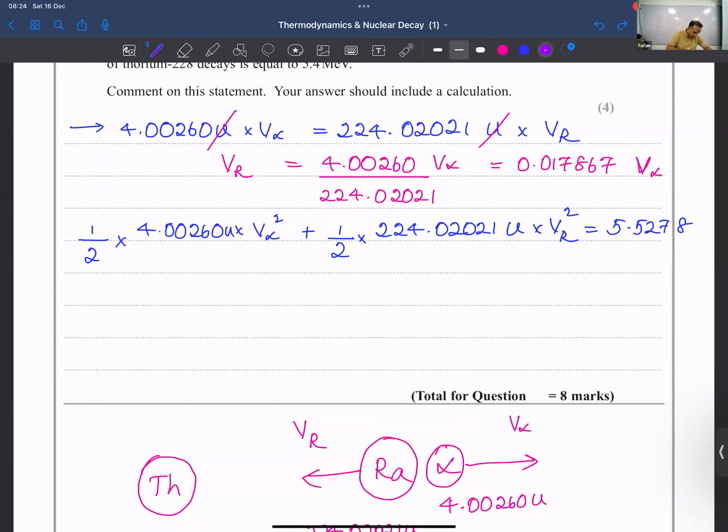So half into 4.00260 will be 2.0013 U V alpha square. Half into 224.02021 will be 112.0101 U into VR square.